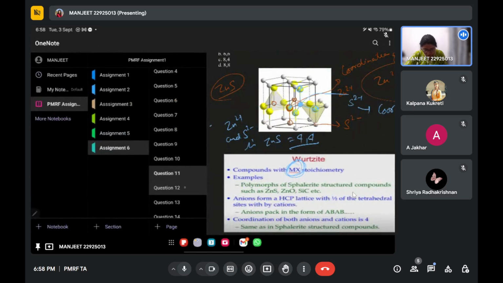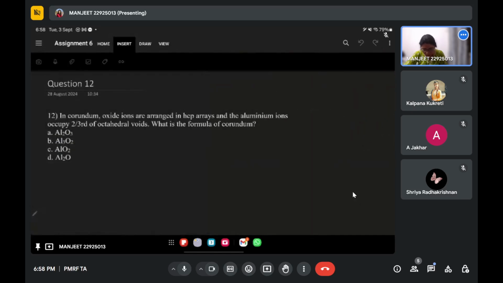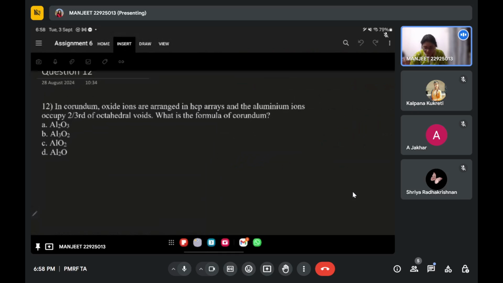Let's move to question number 12. In question number 12, in corundum, oxide ions are arranged in HCP arrays, and the aluminium ions occupy 2/3 of the octahedral holes. What is the formula of corundum?